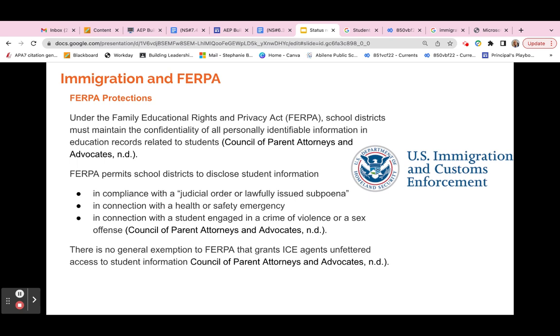Again, if there's a health or safety emergency, or in connection with a student engaged in a crime of violence or a sex offense, those would be some outside situations that FERPA will permit the disclosure of that information. There is no general exemption to FERPA that grants ICE agents unfettered access to student information, and that comes from the Council of Parent Attorneys and Advocates as well.